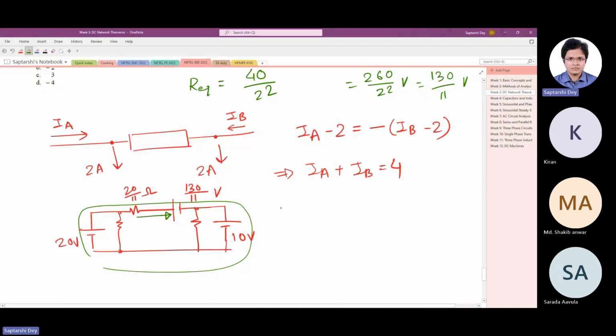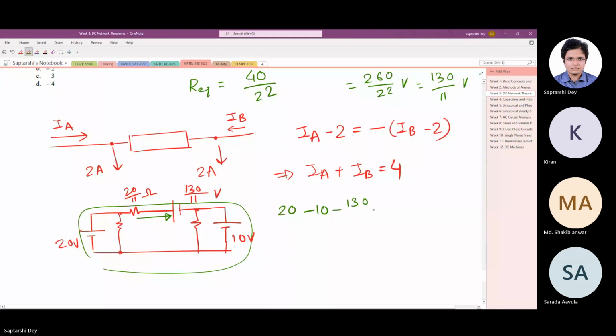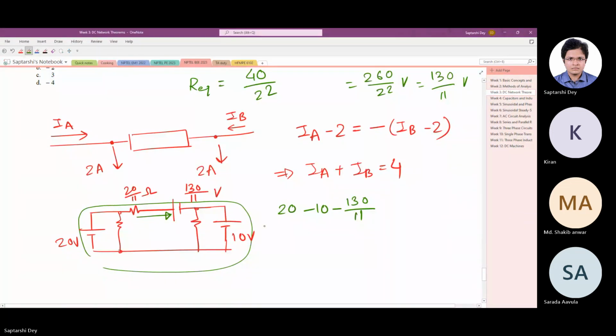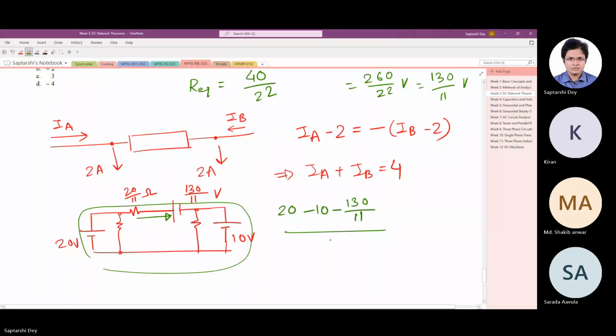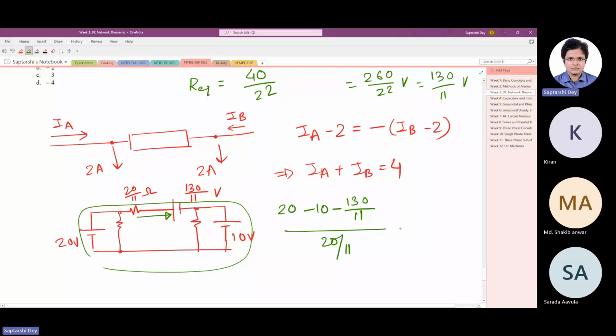So if we apply KVL only at the outer loop, what we have is how much current is flowing here. In this direction, if I write 20 minus 10 minus 130 by 11, this much voltage, whole divided by 20 by 11. Someone quickly do and tell me. 10 minus 130 by 11 whole divided by 20 by 11.